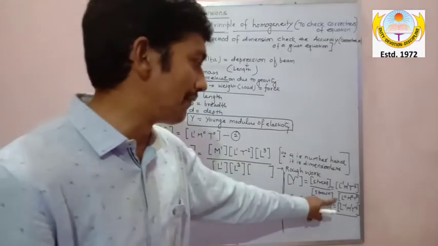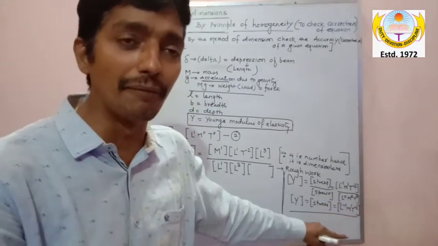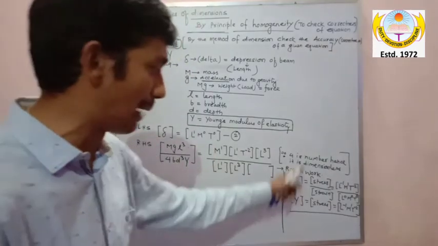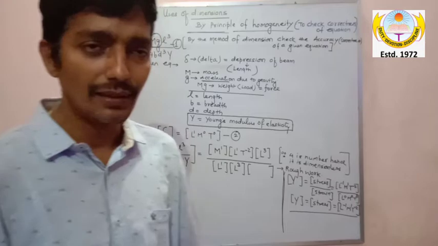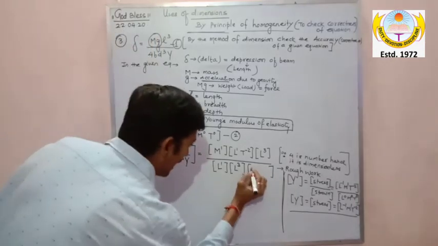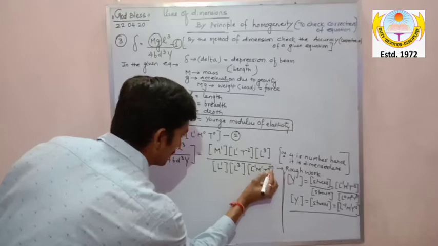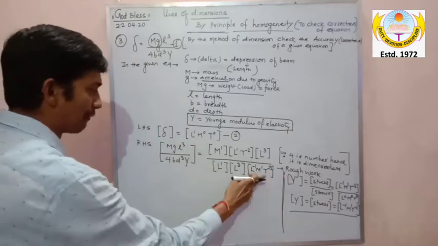Because strain doesn't have a dimension, this is the third time I am revising. Look at my videos carefully, for elasticity the constant dimensions are given. Now I will substitute L minus 1, M1, T minus 2, the dimension of Young's modulus.